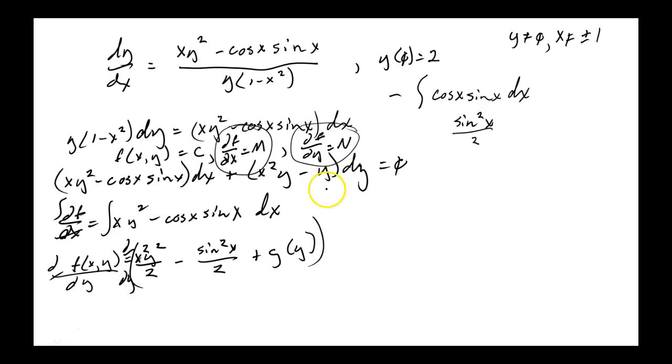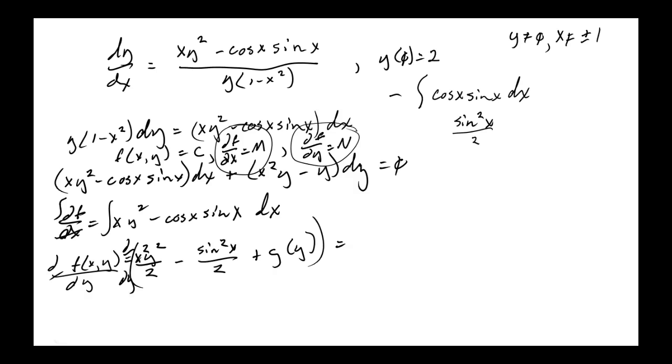And that had better be this, which is x squared y minus y. Okay? We'll get there later, but that's what it had better turn out being. Okay? So let's take the partial of this thing in parentheses with respect to y.